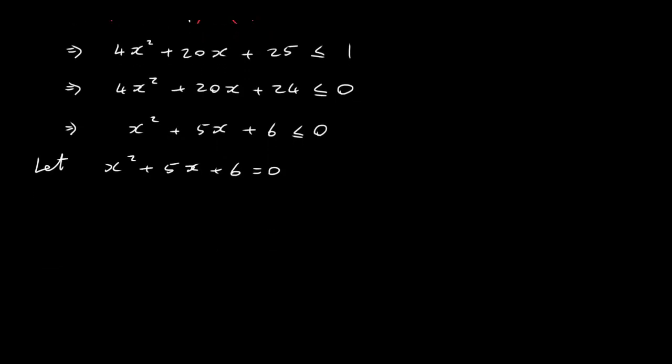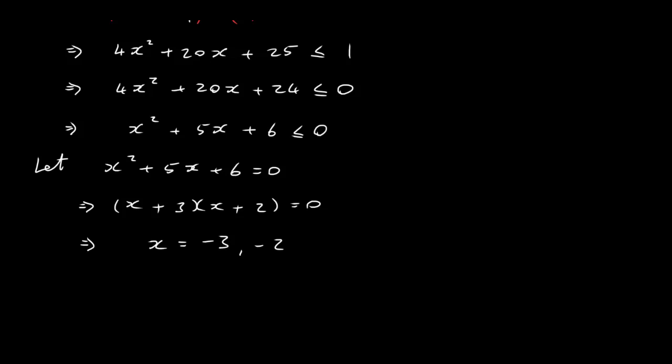You want to find the roots first. So that'll just give us x times x, 6, and we want a 5, so it's going to be 3 times 2, plus times plus. It'll give us x is equal to minus 3 and minus 2.